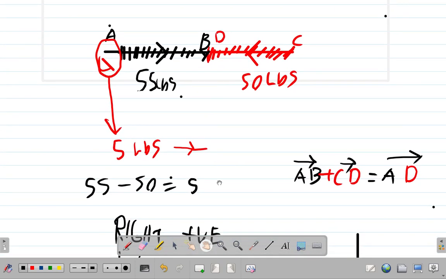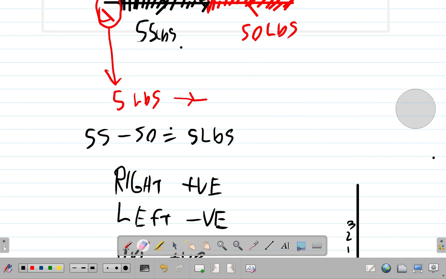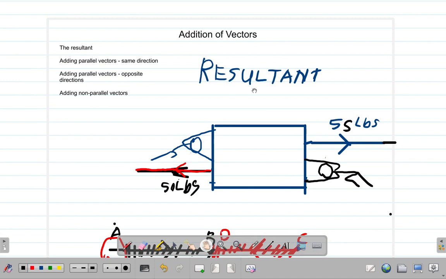So the table will move to the right and behave as if it is being pushed by 5 pounds. So you see that happening. These are vectors acting in the same direction and vectors acting in relatively opposite directions.